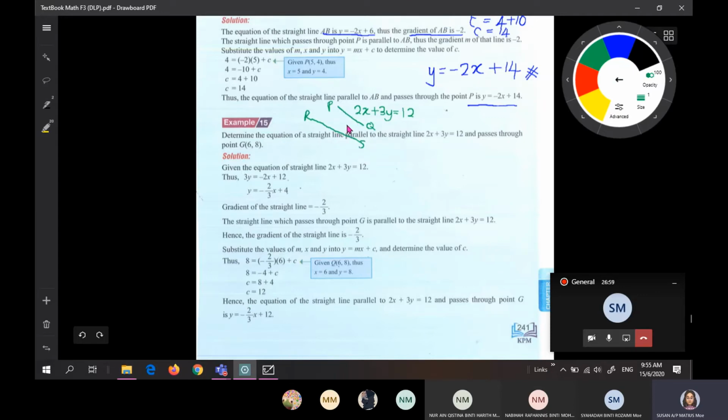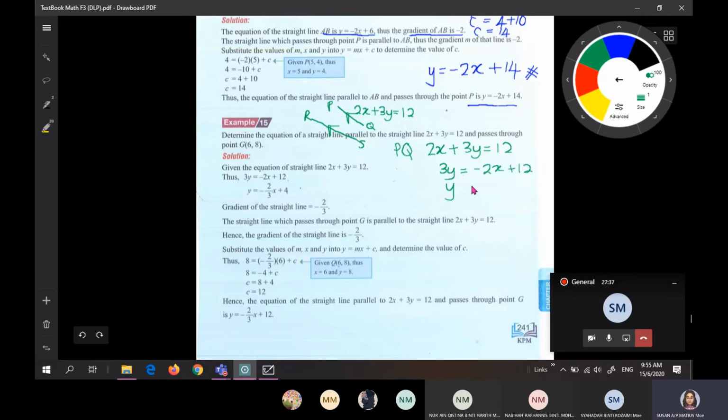In order to determine the gradient, we have to look at the equation given, 2x plus 3y equals 12. Let's look at PQ. You have to modify this equation so that it matches y equals mx plus c, so you have to make y the subject. 2x moves to the other side of the equal sign, giving negative 2x plus 12.